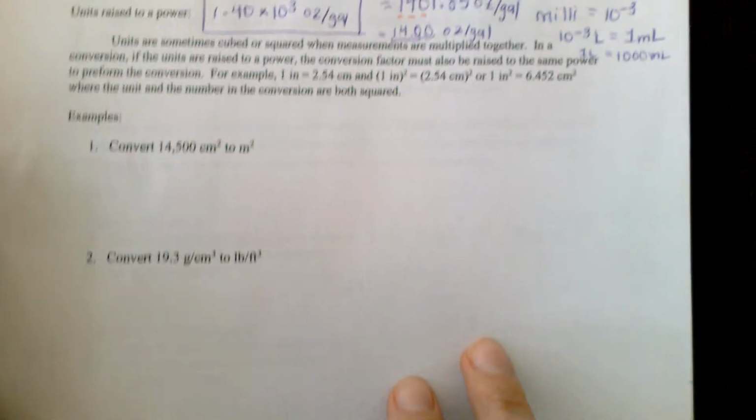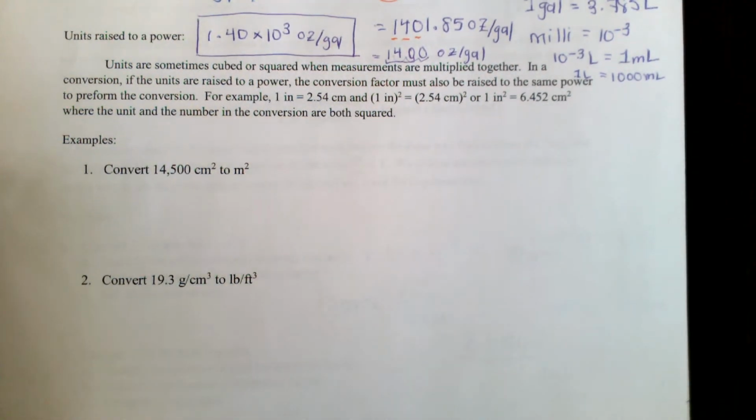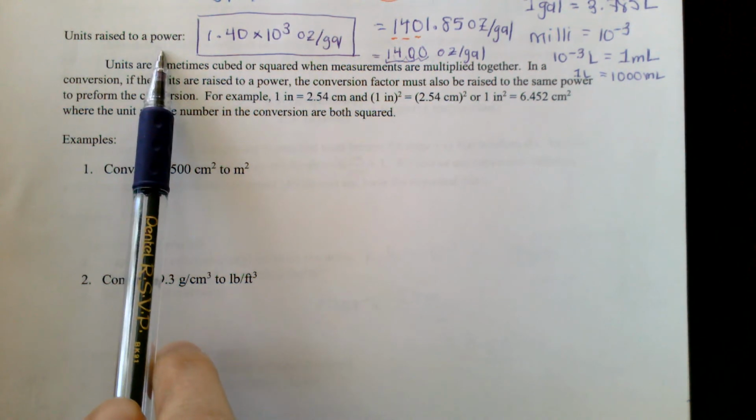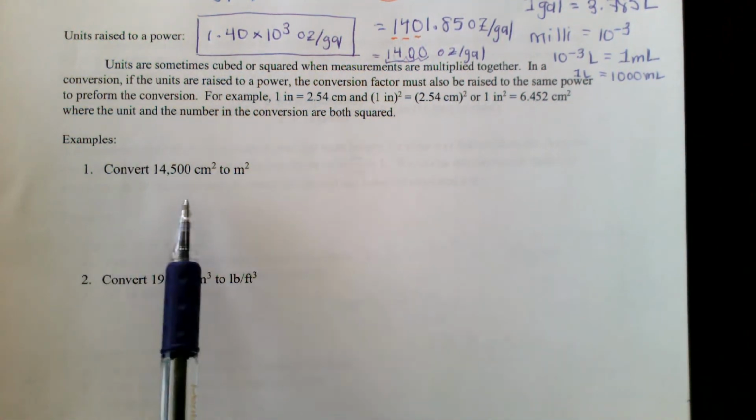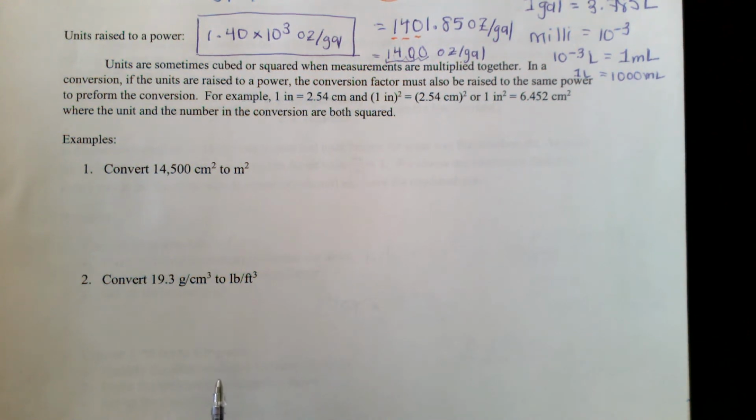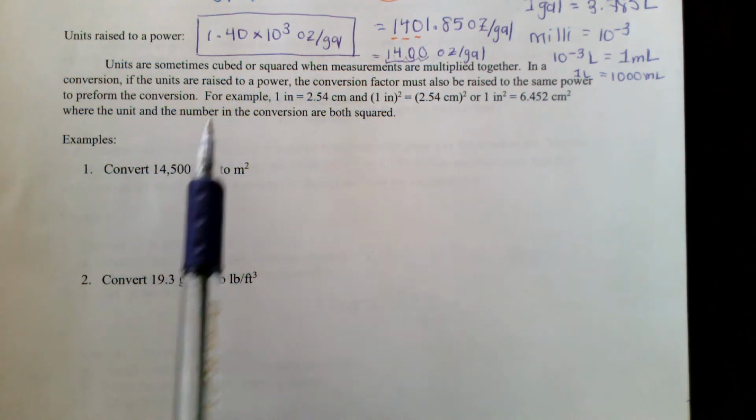Okay, so our last sort of way that we're going to see units in dimensional analysis is when we have units raised to a power. So sometimes when we're converting from one thing to another, we're going to have to say convert in all 3 dimensions at one time.